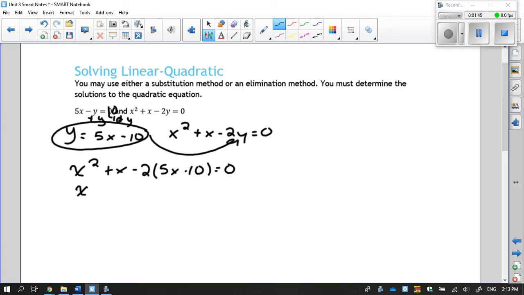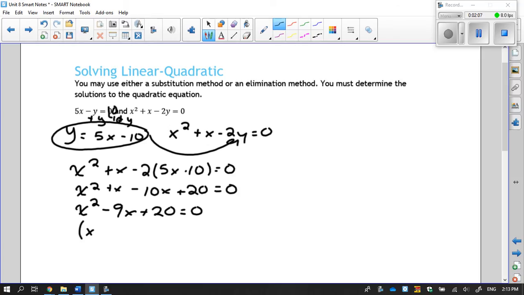So then we get x squared plus x minus 10x plus 20 is equal to 0. So then that leaves us with x squared minus 9x plus 20 is equal to 0.